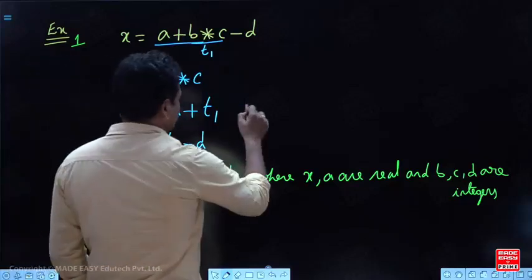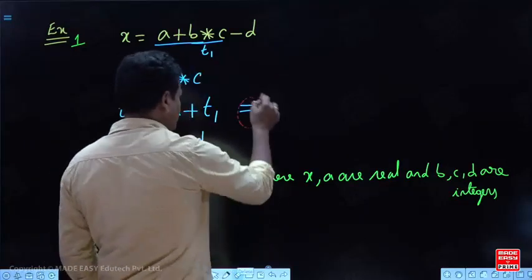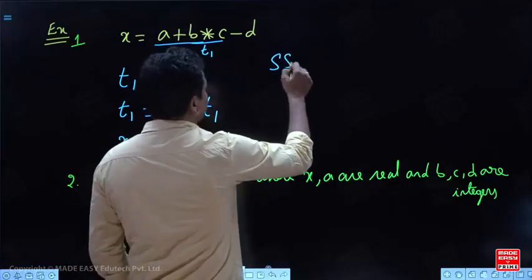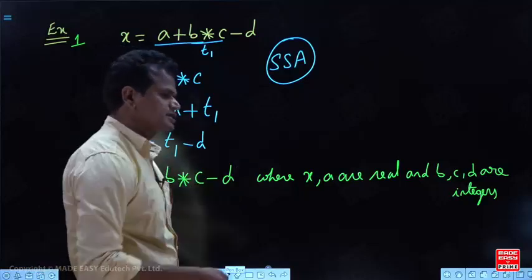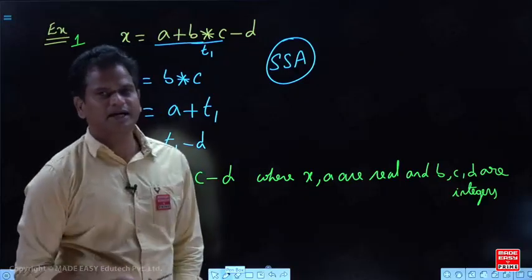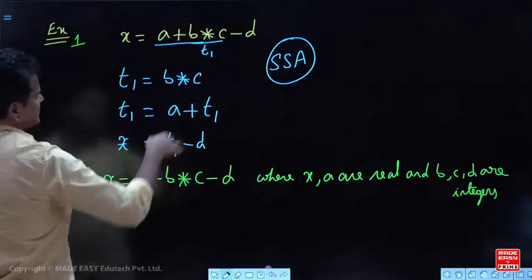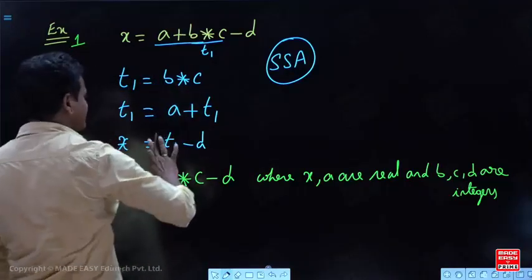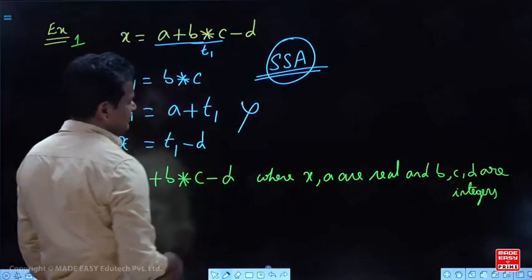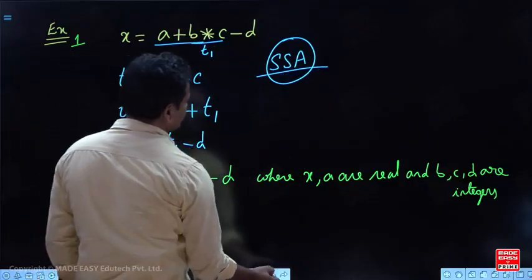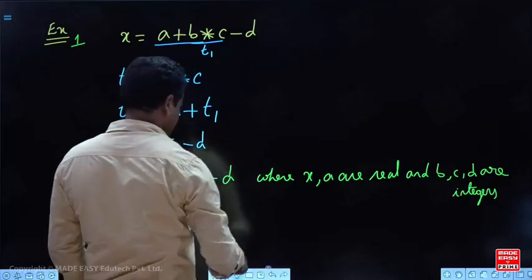But if you want the same code in SSA form, then the previous one is correct. Whoever asked this doubt, T1 you can use repeatedly as long as it does not change the value. Here the final value of the expression won't change, and this is valid in 3 address code. But if they mention SSA form, then this is invalid. What SSA form is, we will see later.